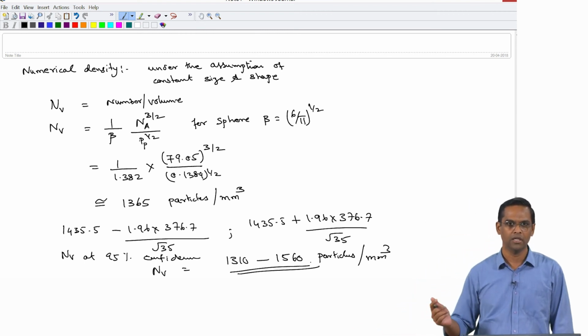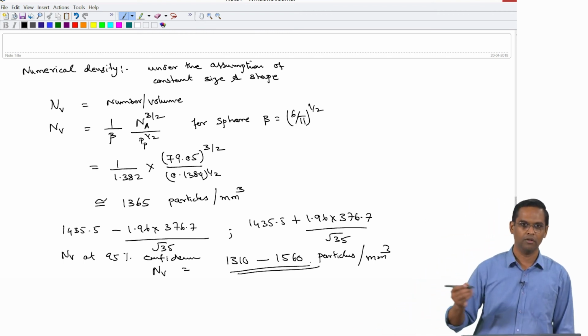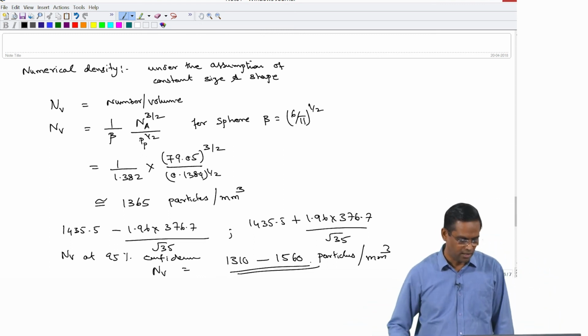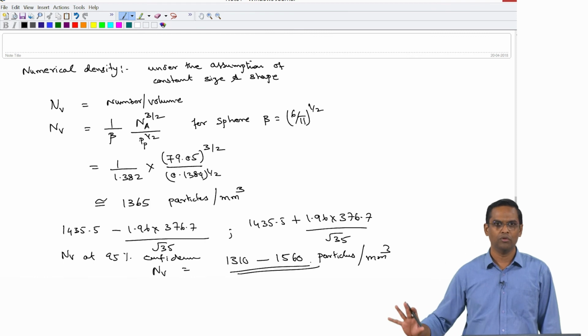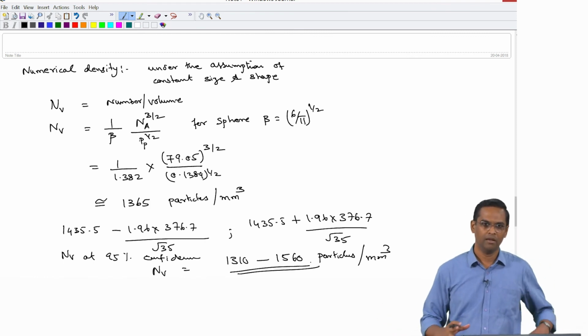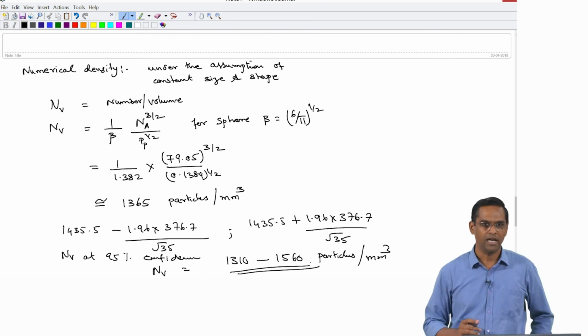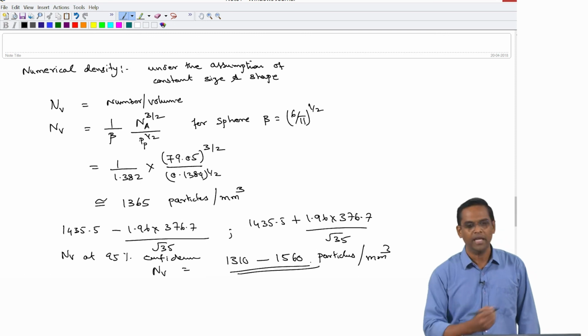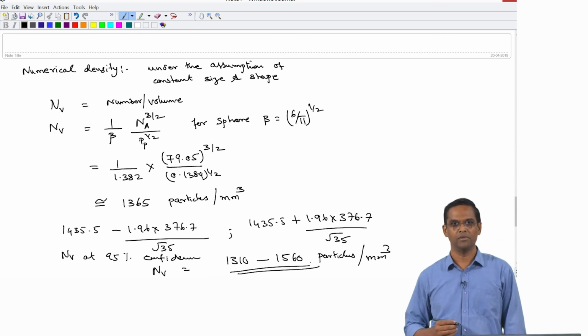If you make small errors here and there, you will miss because of not considering the right scale. But if you take care of this, this kind of exercise is very good to understand the derivation of 3D quantities from stereological parameters.